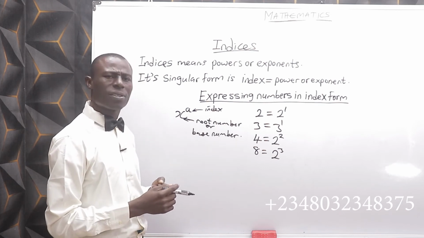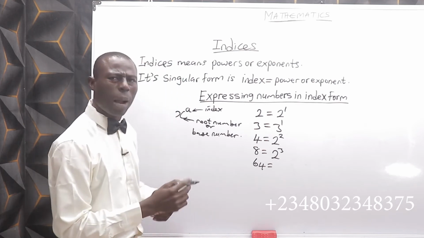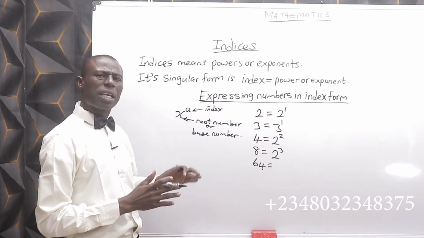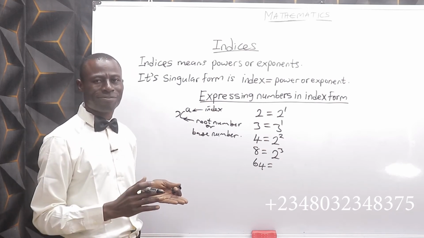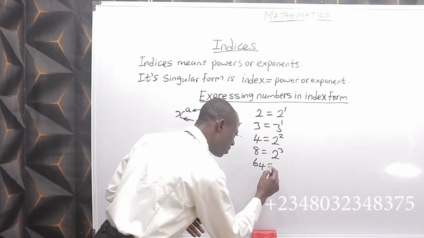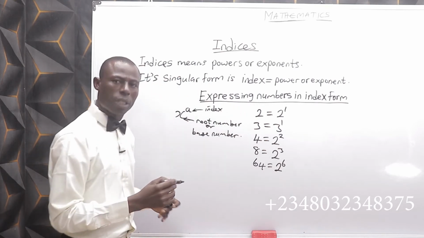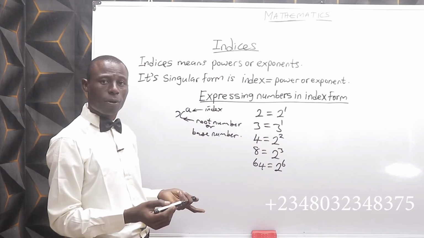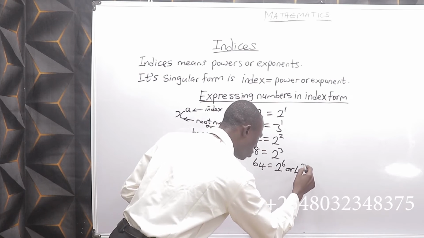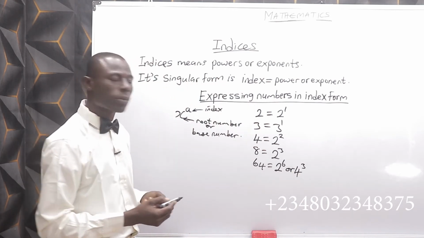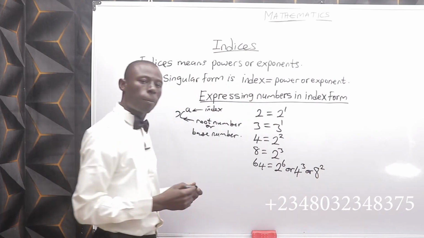Some numbers, like 64, can be raised in index form using different base numbers. Like this, 64 could be written as 2 raised to power 6. Also, you can write it as 4 raised to power 3. And finally, it could be 8 raised to power 2.